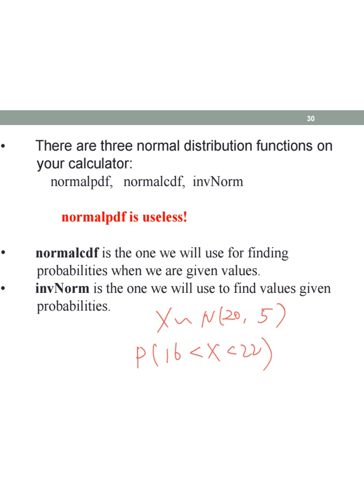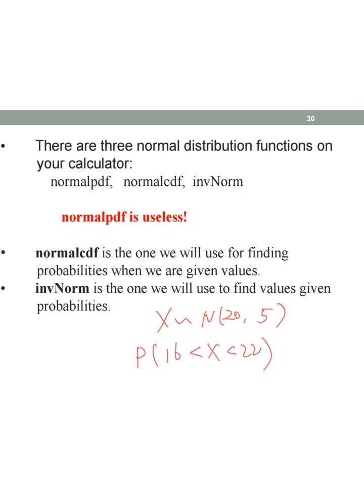We can try one more. Could you find the probability for x between 23 and 27? I will do it one more time. Press second, VARS, and then use the second function, normal CDF. 23 is my lower.